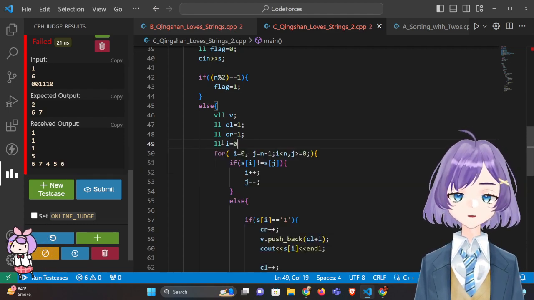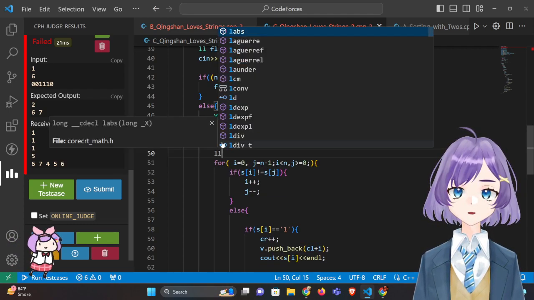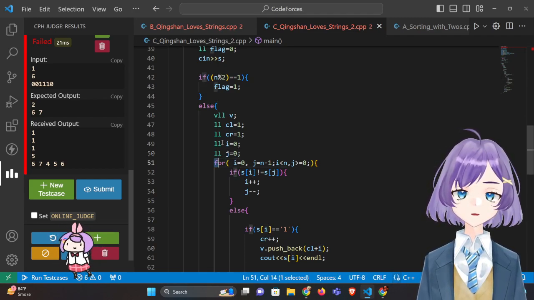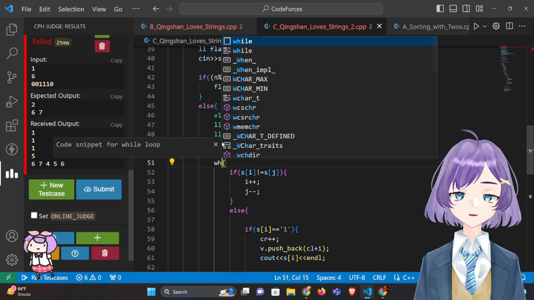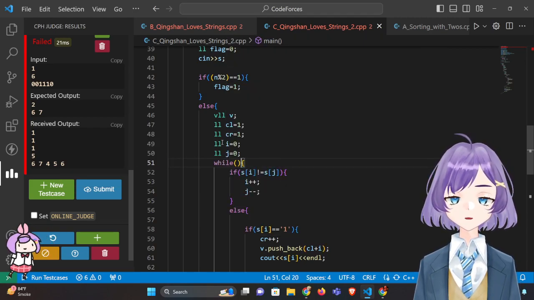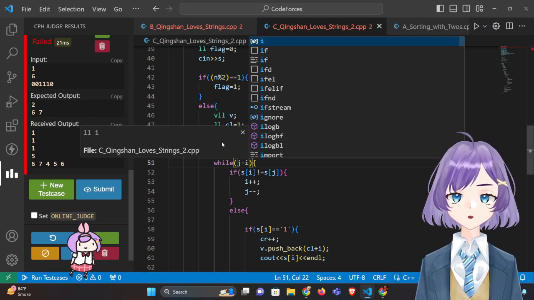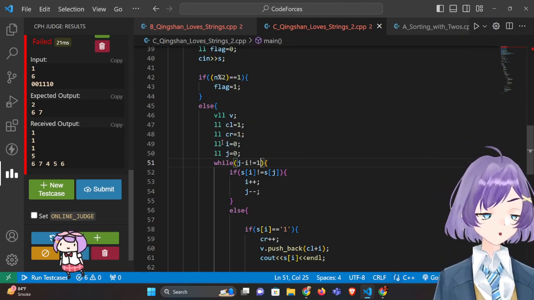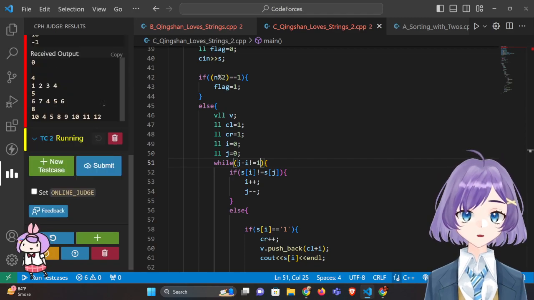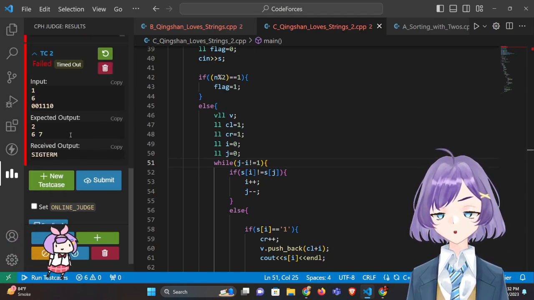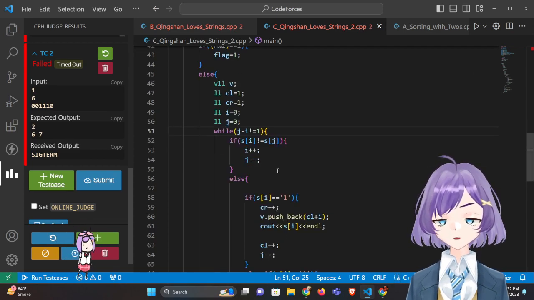LLI equals to 0, LLJ equals to 0, while J minus I is not equals to 1.